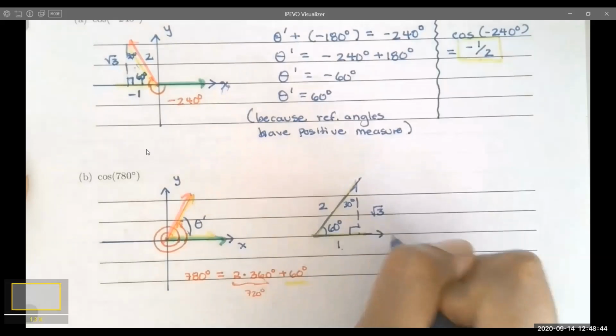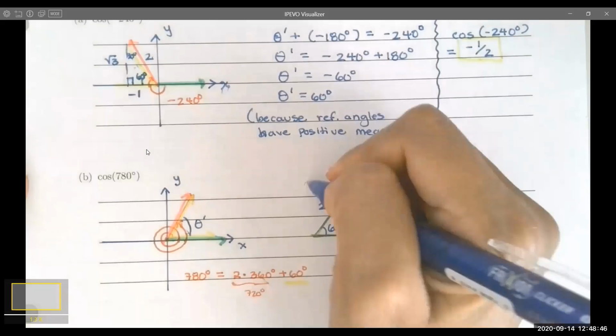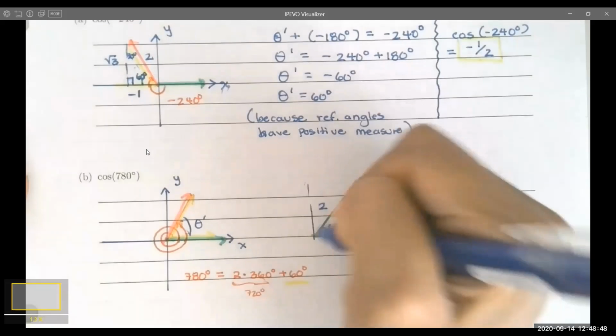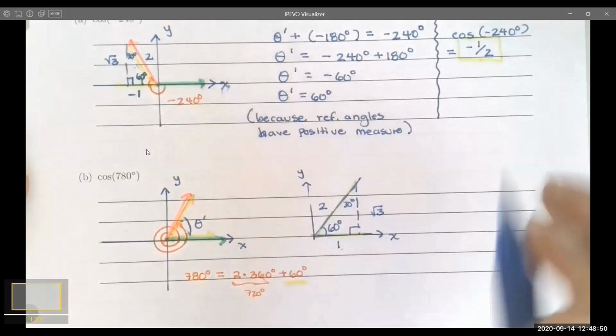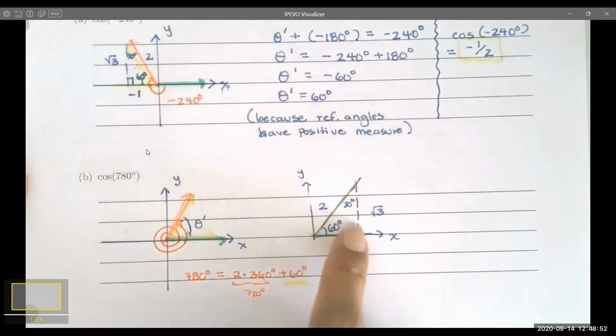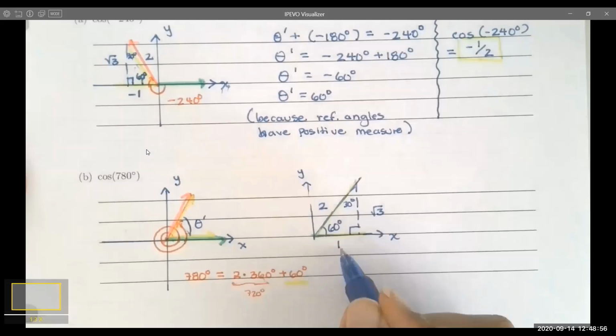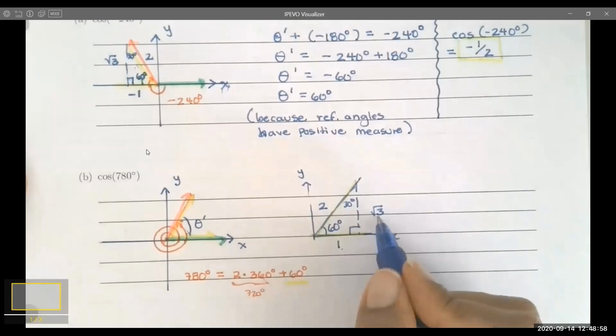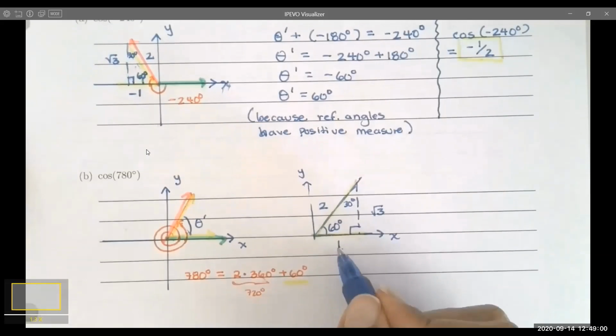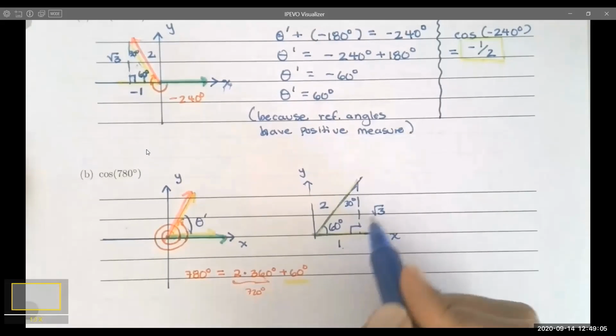Now, this is the positive x-axis. Over here, we would have the positive y-axis. I'm simply redrawing the diagram so that it has the right triangle by itself. So what does that mean for the signs of these side measures? Well, 1 is going in the positive x-axis. Square root of 3 is going in the positive y-axis.